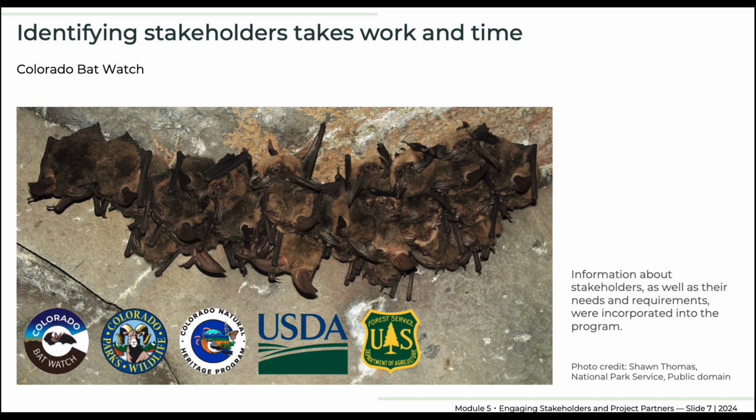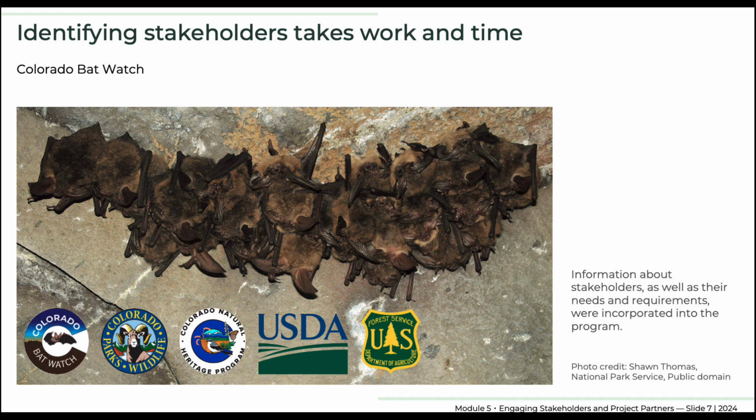For example, information was obtained from the 2018 Colorado Bat Conservation Plan, the U.S. Forest Service Region 2 2013 White Nose Syndrome Adaptive Management Strategy Environmental Assessment, Colorado Parks and Wildlife's White Nose Syndrome Response Plan, the Colorado State Wildlife Action Plan, the North American Bat Monitoring Program, the Western Bat Working Group, and the Colorado Bat Working Group.